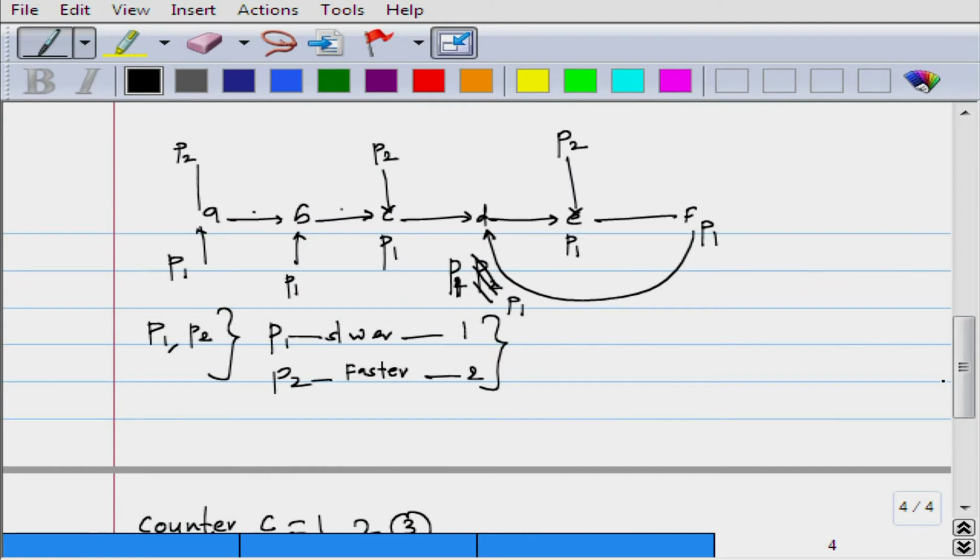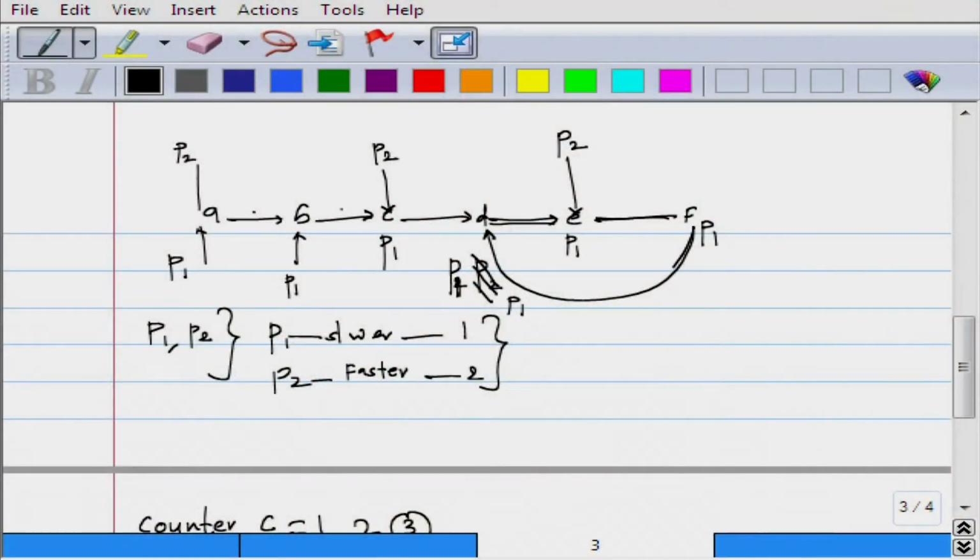Now we check, is the cycle length really equal to 3? 1, 2 and 3, so correctly we have identified the cycle length.